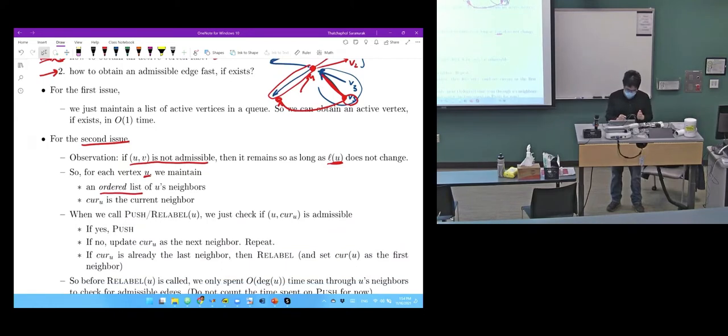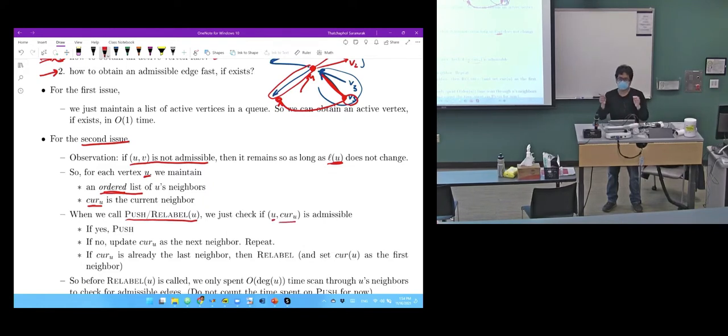So you have this ordered list, and you have a current neighbor that you want to look at. When you call push relabel at u, just look at node u and your current neighbor of u.